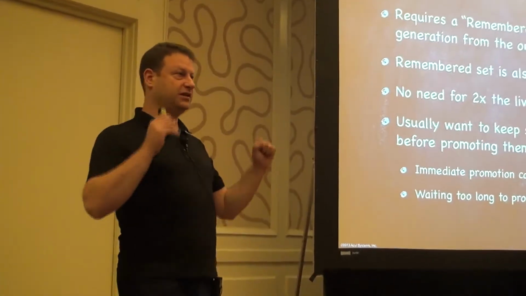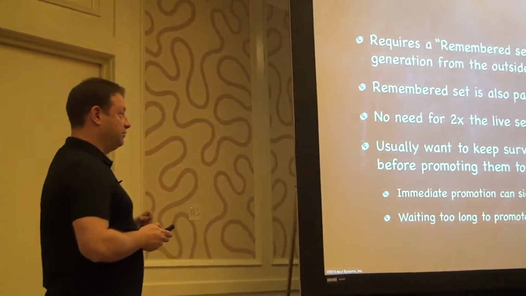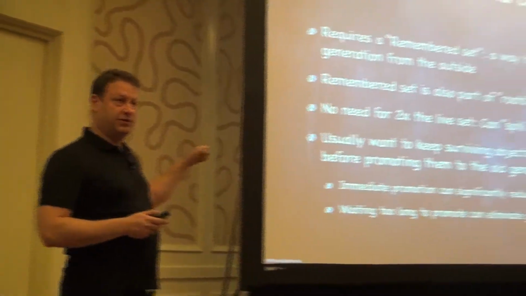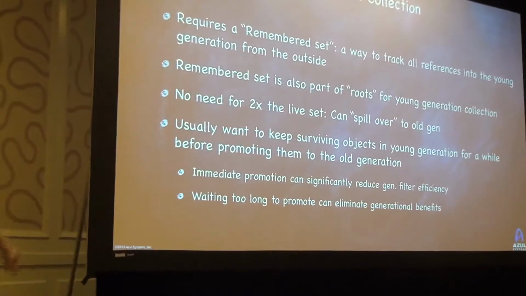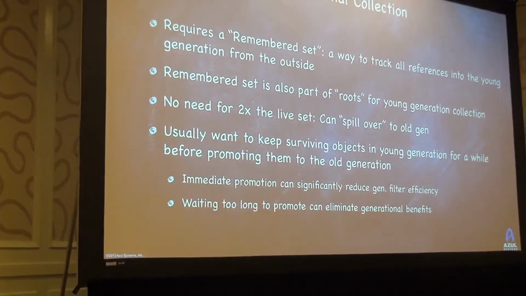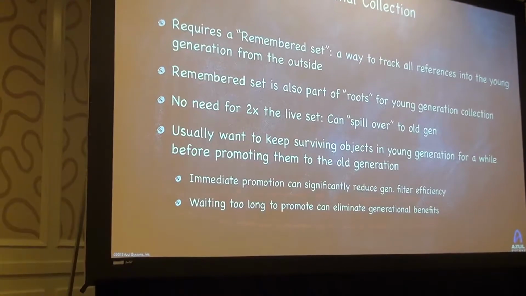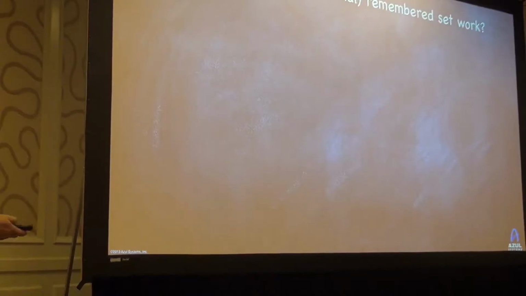It's not okay to say anything alive at this point, boom. You gotta age them a little bit. That in itself can have a huge efficiency effect if you don't do that. So a promotion threshold of 0 is not a good idea. Neither is an infinite promotion threshold. So you need to balance these out.